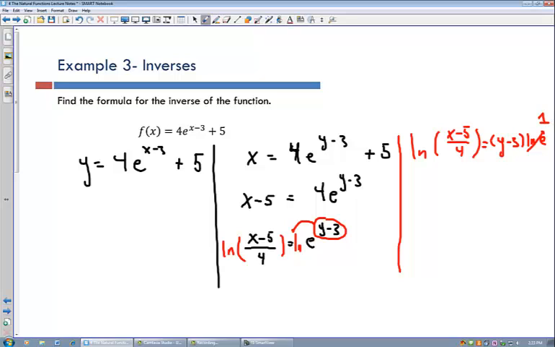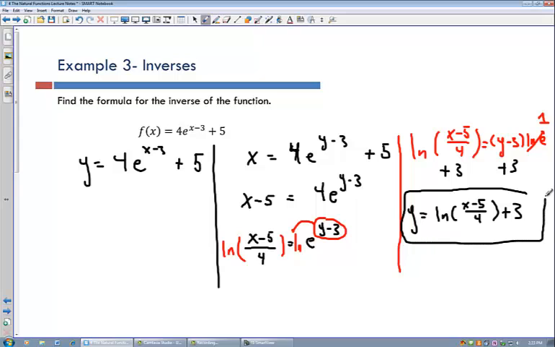And hopefully you say 1. And then I can drop that off. And so I'm going to add 3 to both sides and get my answer. So if you add 3 to both sides, you're going to get y equal to ln of x minus 5 divided by 4, and then plus 3.